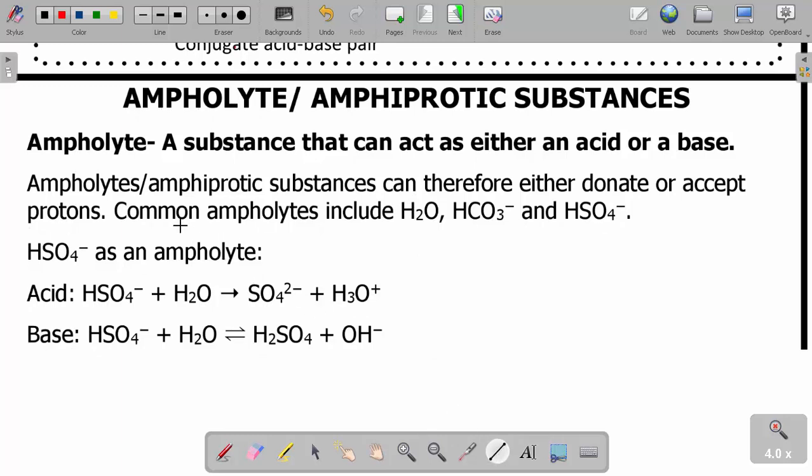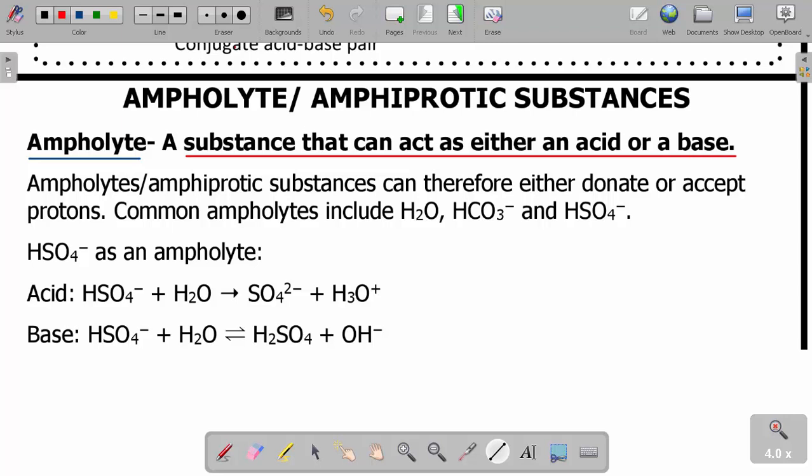I repeat, if we say define an ampholyte, you must know that an ampholyte is a substance that can act as an acid and can also act as what? As a base.